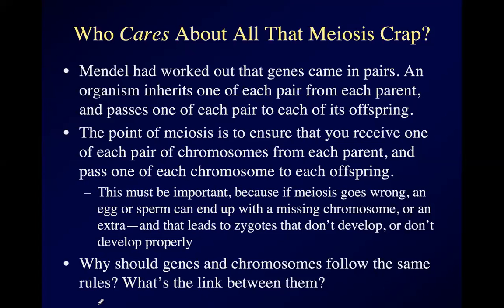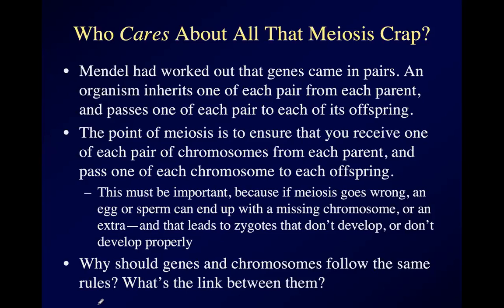Okay. Mendel had worked out that genes come in pairs, right? You inherit one of each pair of genes from each parent, and you will pass on one of each pair to each of your offspring, right? That's basic to Mendelian genetics. Meiosis works the way it does because cells produced by meiosis have one chromosome of each pair.